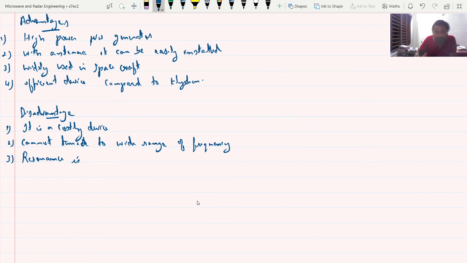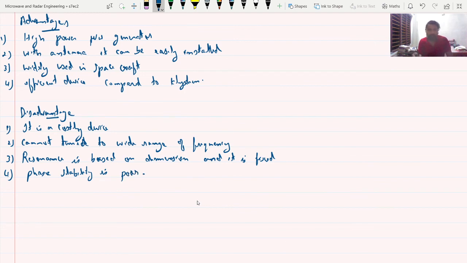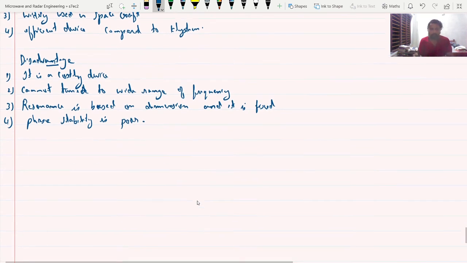Resonance is based on dimension and it is fixed. The next point is phase stability is poor in case of the magnetron oscillator.